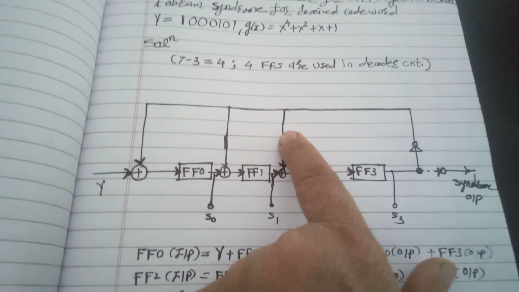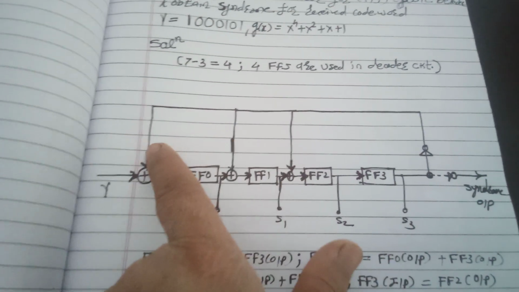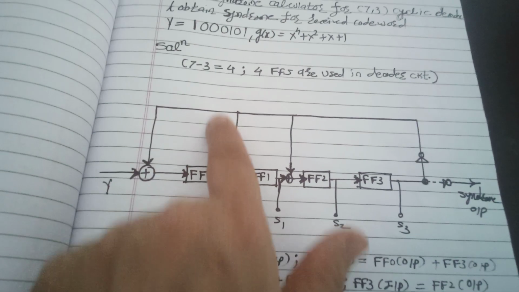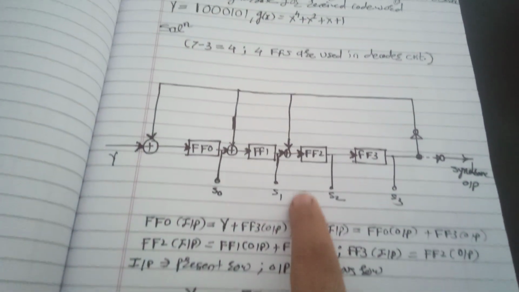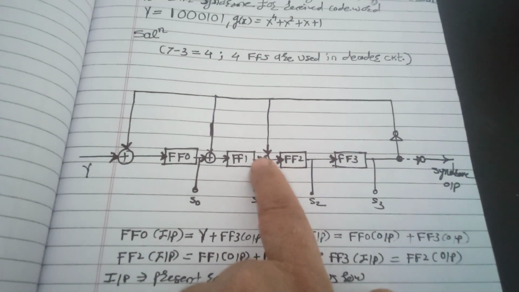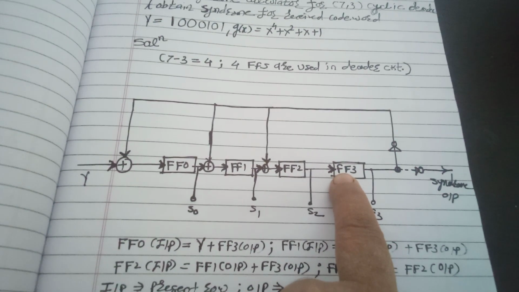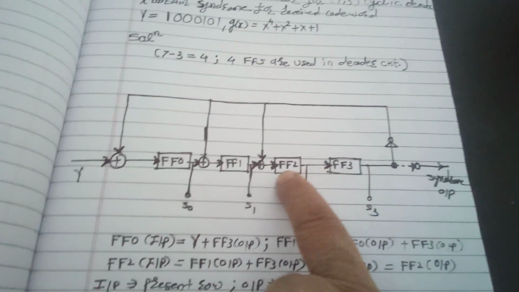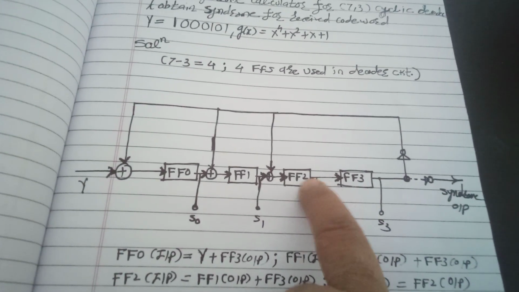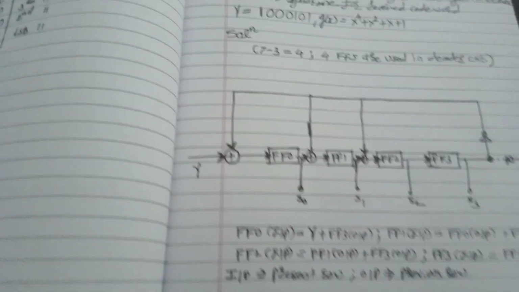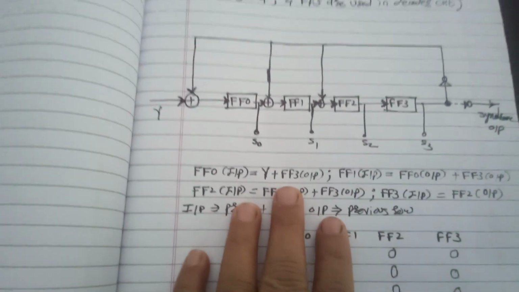This is flip flop 3 output, this is flip flop 3 output, this is also flip flop 3 output. The same is coming at each vertical line. So flip flop 2 input is flip flop 3 output plus flip flop 1 output. Flip flop 3 input is flip flop 2 output. Okay, so we form these equations.